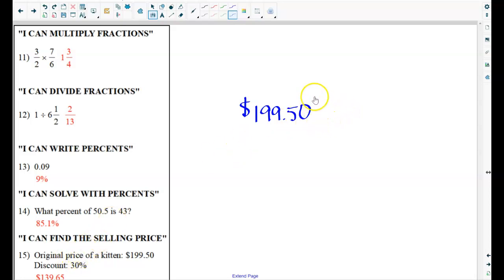So you've got 30%, this is the discount, okay? And then over here you have the 70%. This 70% is really what you pay. This is what you don't. What you don't pay, okay?